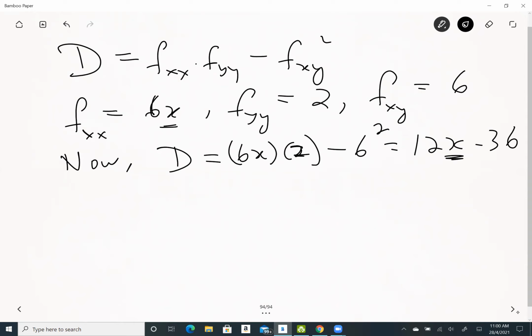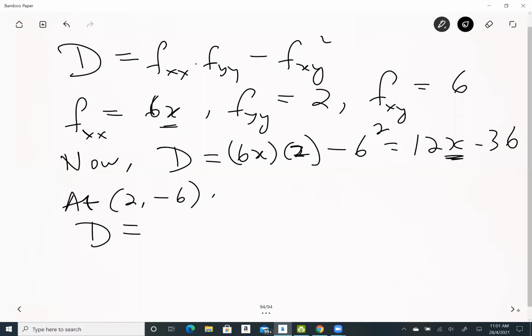So you see here, the value of D will depend on x. So now you find the value at each of the points. Number one, at the first point, what is the first point? At (2, -6). Then what is D?